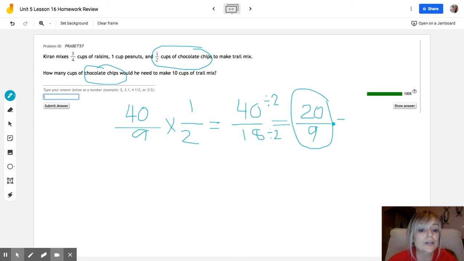Of course, you could always change this improper fraction to a mixed number. Sorry, it's late. It's my bedtime. 20 divided by 9 is 2. 2 times 9 is 18. So I'm left with a remainder of 2. So this could also be written as 2 and 2/9.